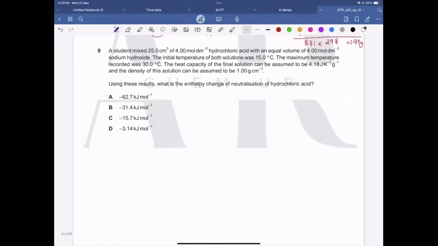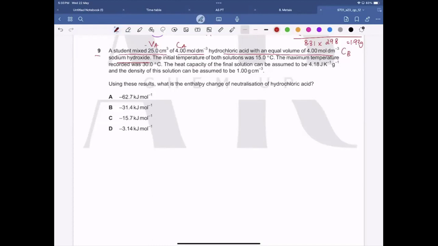Now, question number 9. A student mixes 25 centimeter cube of 4 mole per dm cube hydrochloric acid with an equal volume of 4 mole per dm cube sodium hydroxide. Okay. So volume of acid, concentration of acid, volume of base, sorry, concentration of base and equal volume.